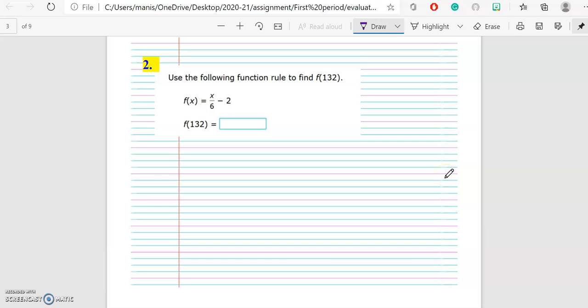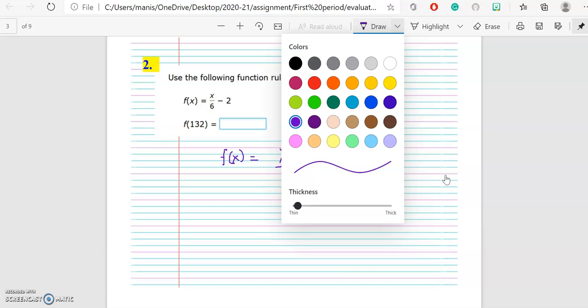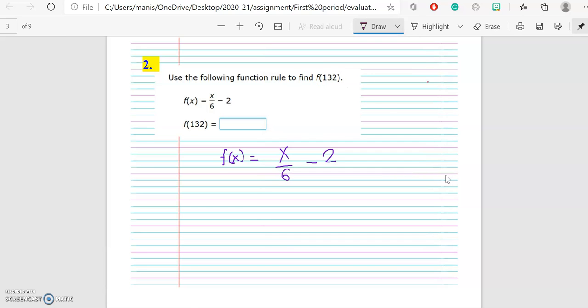Use the following function rule to find f of 132. So I have been given f of x is equal to x over 6 minus 2. What I have to find? The question says find the value of f of 132.